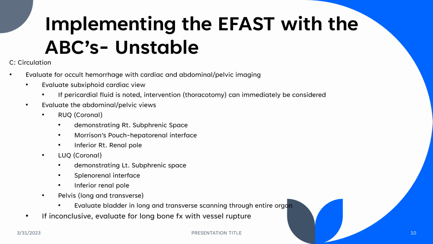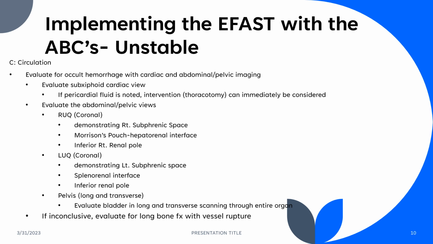If you go to the left, you would want to access the left upper quadrant in a coronal scanning plane as well. Here you can demonstrate that left subphrenic space. If you're at the level of the diaphragm, you can also evaluate the left inferior pleural spaces in the same imaging point.